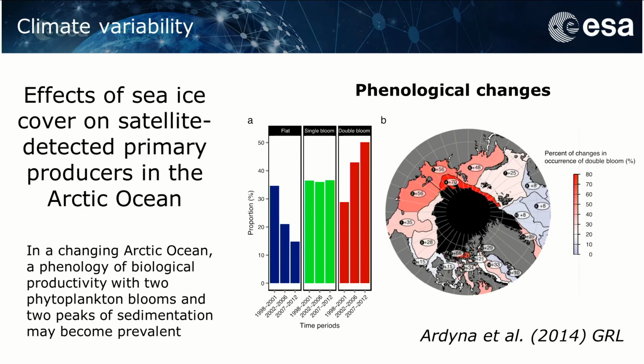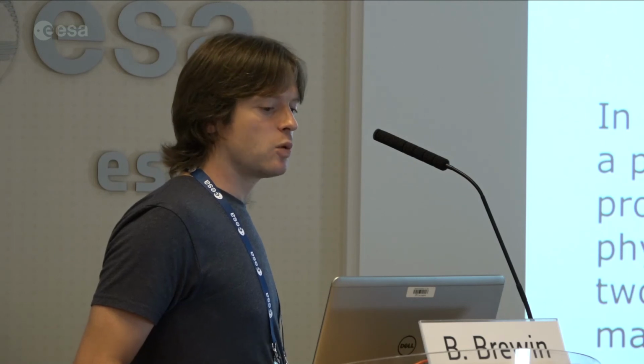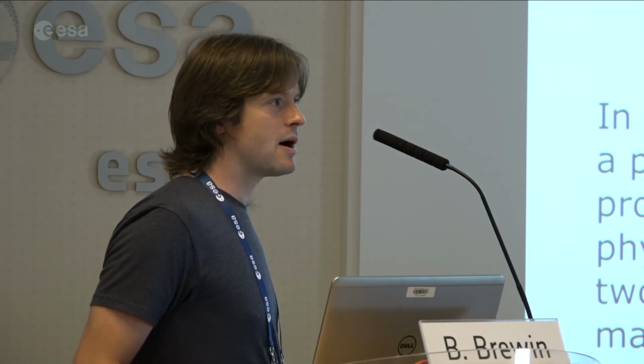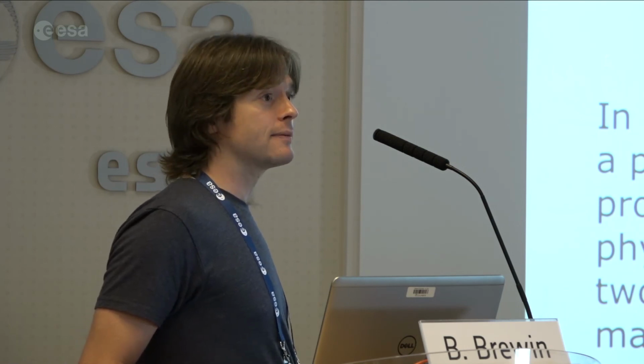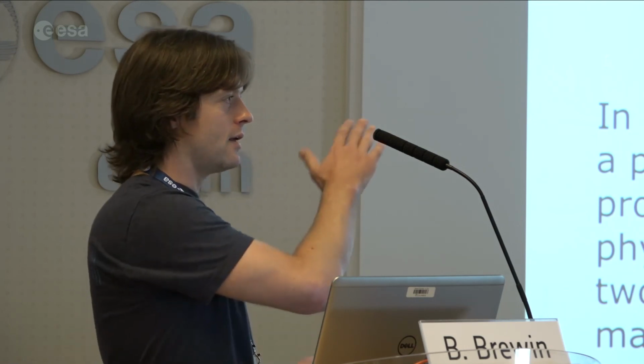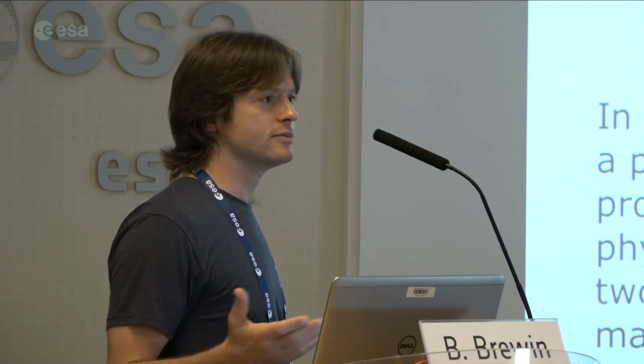There's ongoing work at the poles. A lot of work now is looking at the colour of the ocean at the poles. This is an example of a nice paper in 2014 in GRL that looked at how the phenology of phytoplankton is changing in the Arctic. What you typically observed in the past is a phytoplankton bloom in the spring, then they bloom again in the autumn.